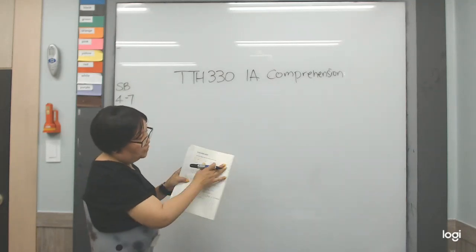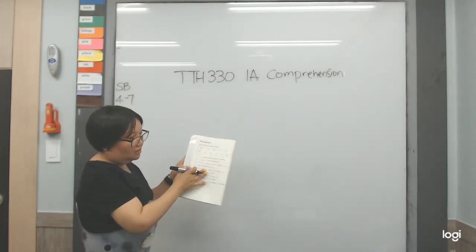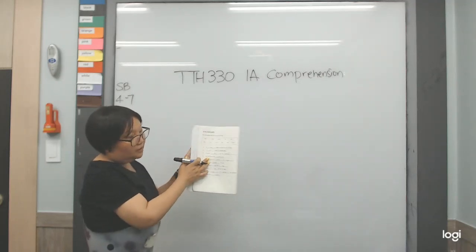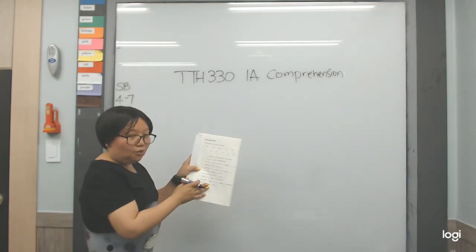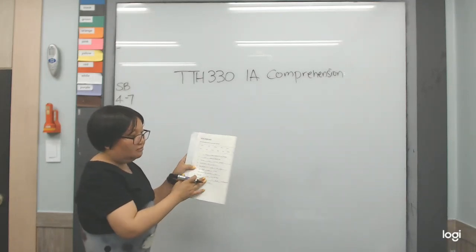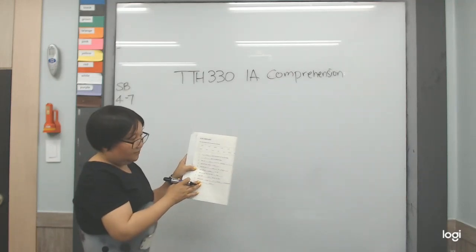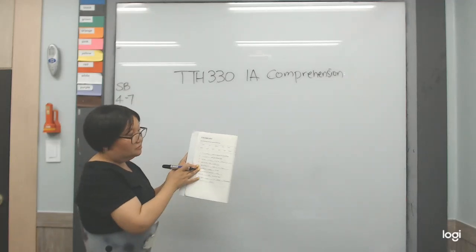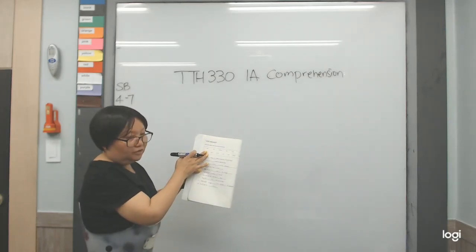What you need to do is read the sentences and choose the right words and put them into the sentences. If you don't know which words, then please read the story in the student book one more time. All the answers will be in the story. So please read the sentences carefully and please write the words carefully.